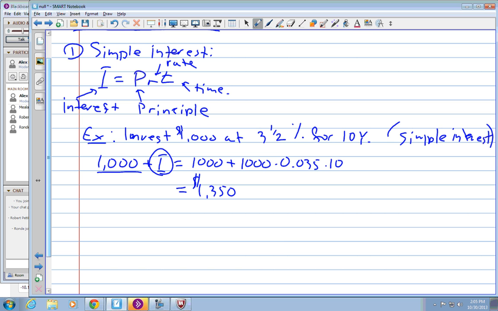Now, usually it doesn't happen like that. This means 10 years, so that's 3,650, maybe 2 days, right? So that means that one day before it hits 10 years, you still have only $1,000 in your account. And then all of a sudden you get this, boom, 350. That doesn't happen like that.